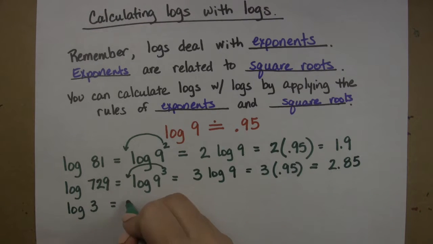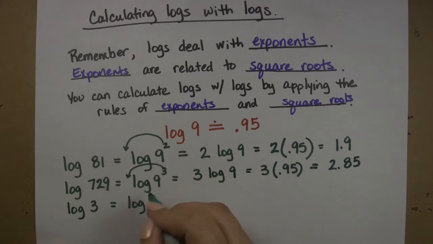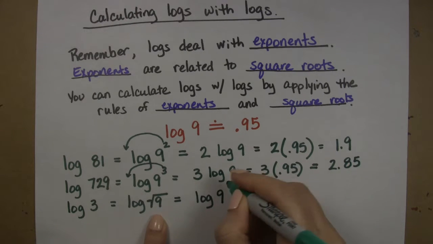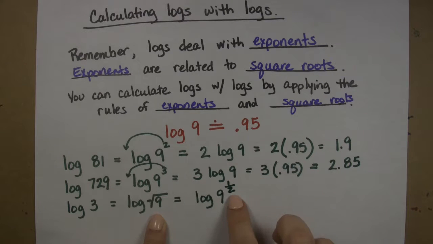I could also figure out the log of 3. How would I do that? Well, I would say that the log of 3 is the same thing as the log of the square root of 9, because the square root of 9 is 3. And the log of root 9 is the same thing as the log of 9 raised to the 1/2, right? Because a fractional exponent means a square root sign.